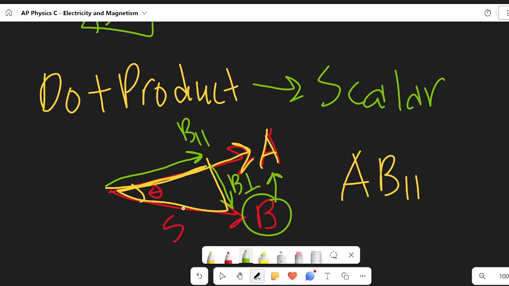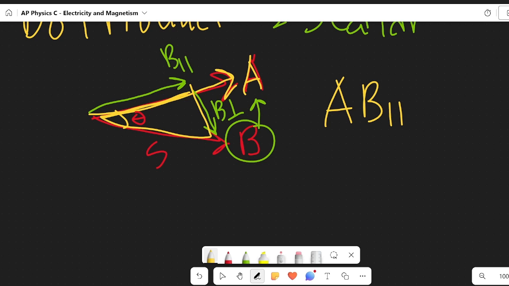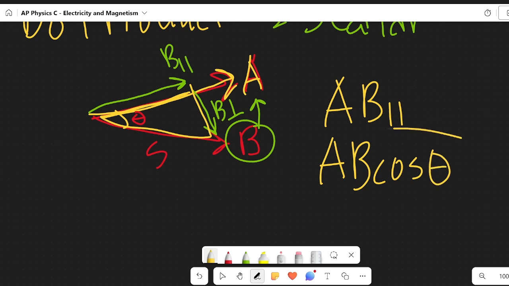Then in order to get B parallel, in this case, we have opposite and hypotenuse. So essentially, this quantity that we said here is just AB cosine theta. And this is our dot product formula. This is how we calculate the dot product.